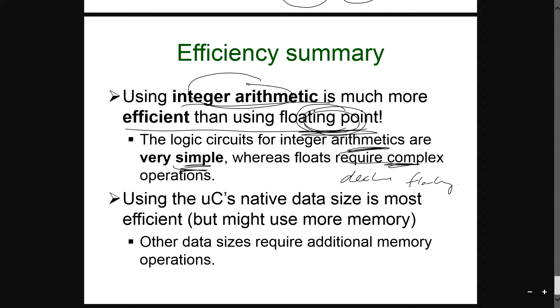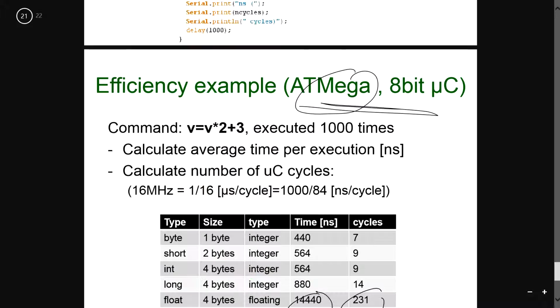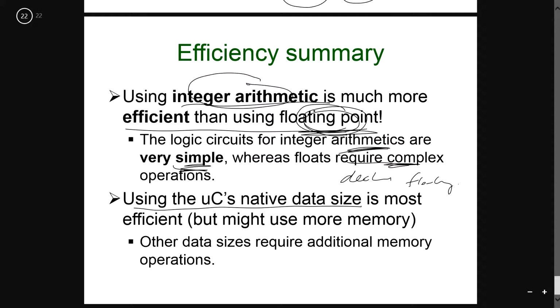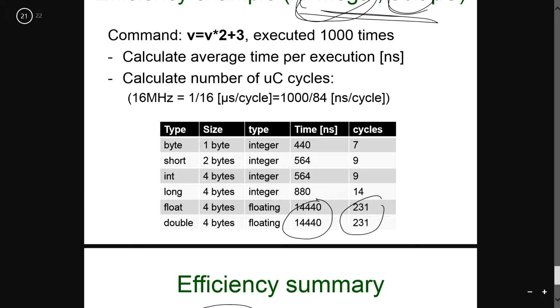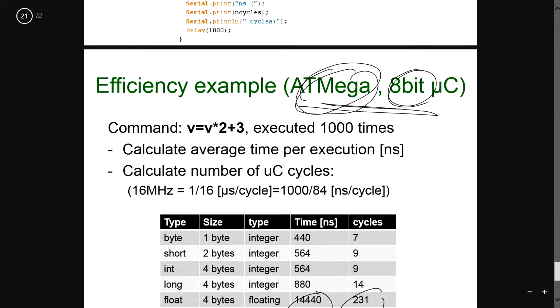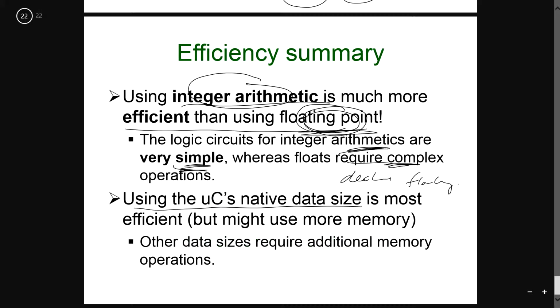So this says that using the microcontroller's native data size means, for example for the Mega, the native size is 8-bit, because the Mega is by itself already an 8-bit system. If your 8-bit isn't enough to compute the float, then you may require additional memory, like an SD card.